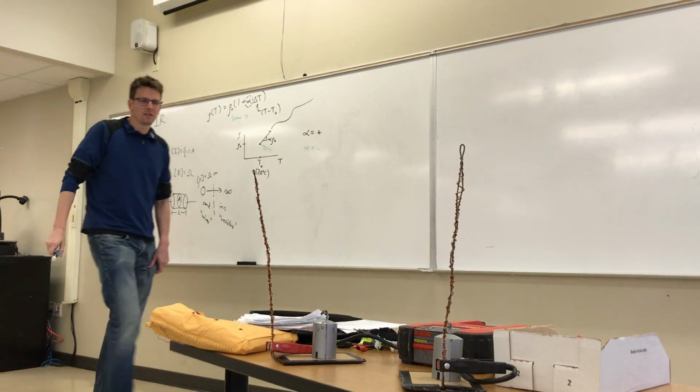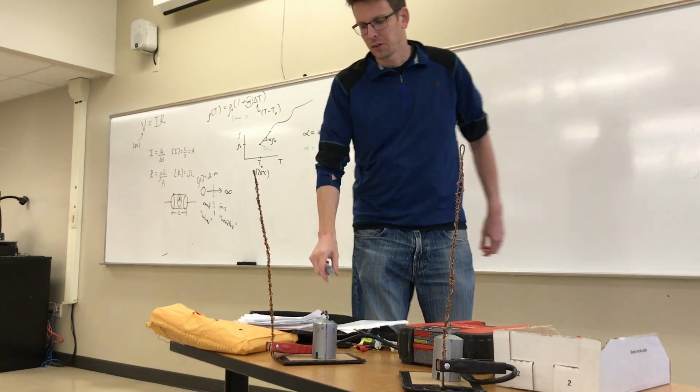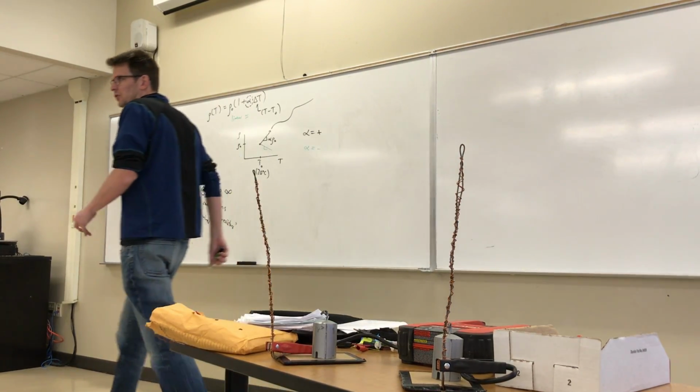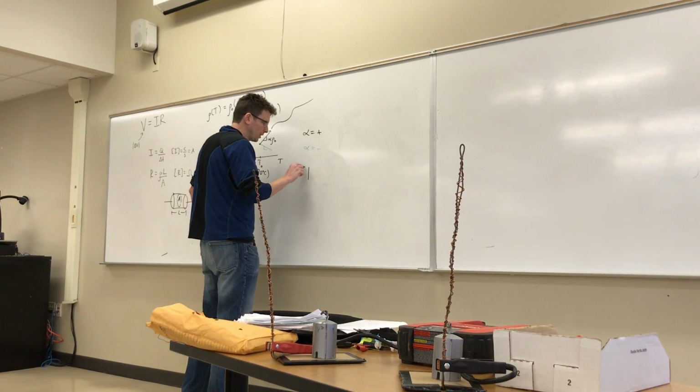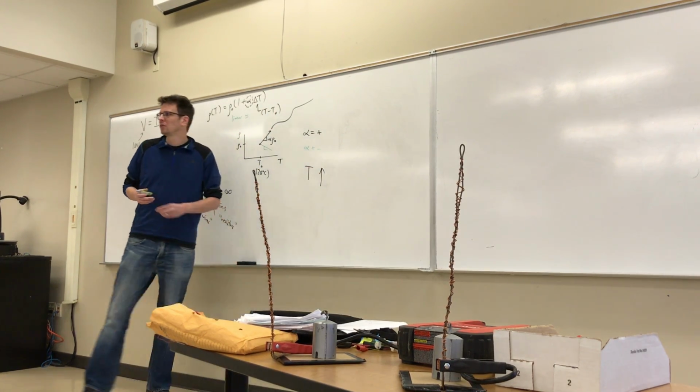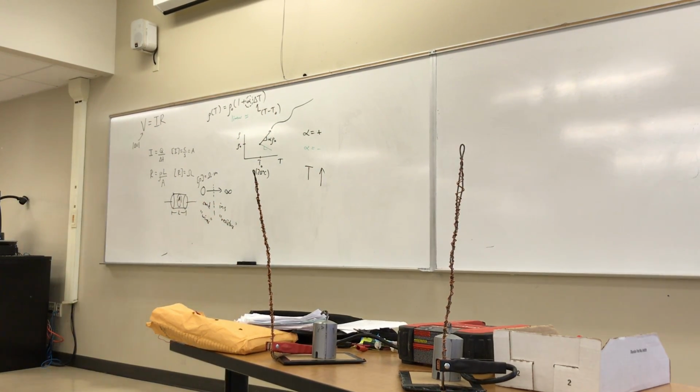Now I'm going to give you a little bit of insight as to why some materials might have positive versus negative temperature coefficients. There are two factors at play when you increase the temperature. So when you increase the temperature of a material, one of the things that you do is you make the atoms wiggle around more, right? That's what a higher temperature is, right?